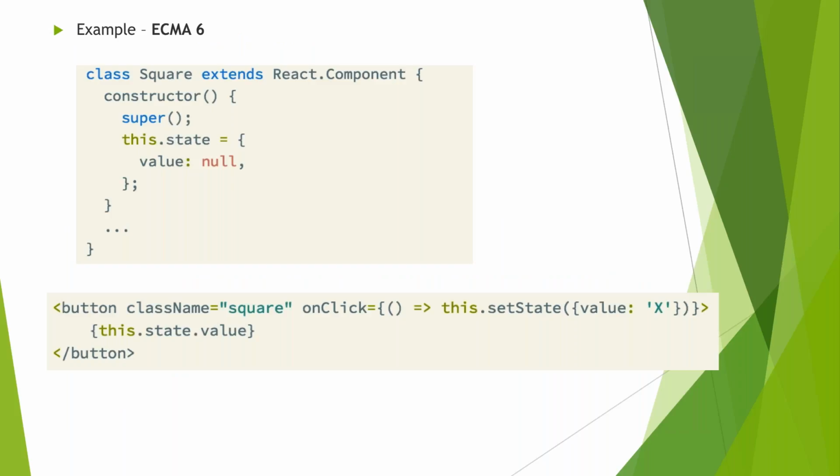Whenever you are accessing a value, it's as simple as accessing a normal JSON value. This concept of accessing this dot state value will be common across all forms of JS, be it Angular JS, be it React, be it React Native. Okay. This form of accessing this dot state dot value is basically accessing a JSON value.